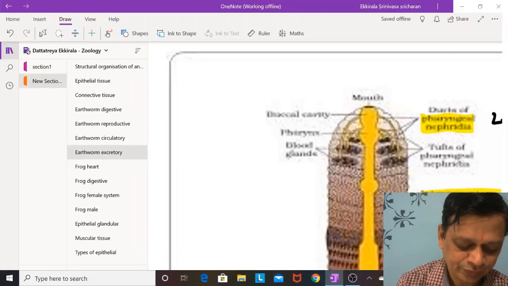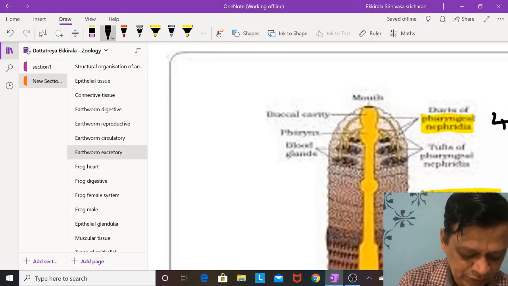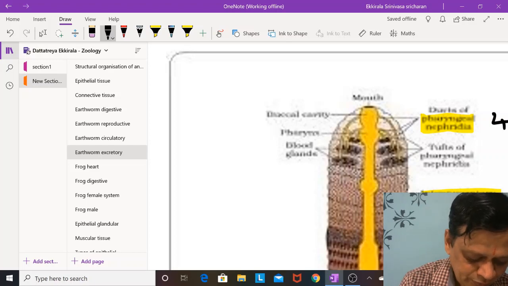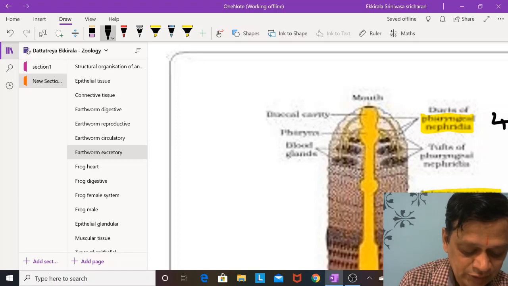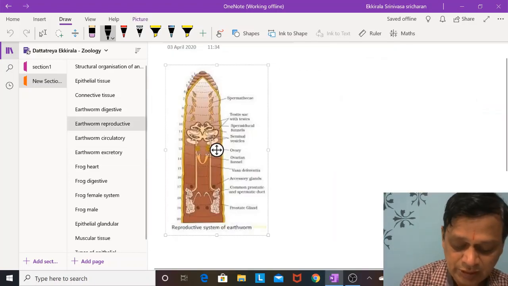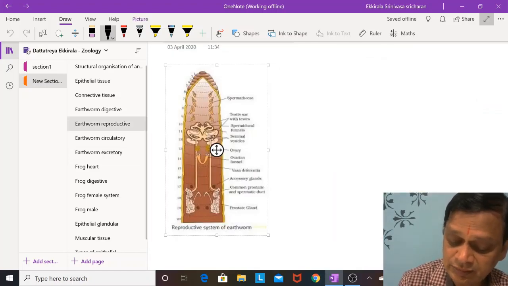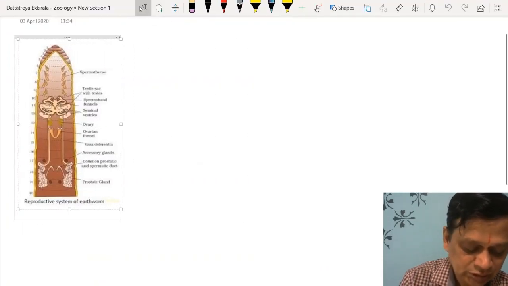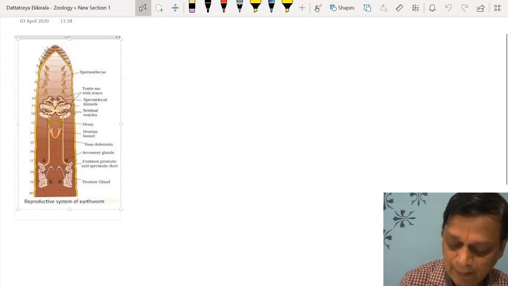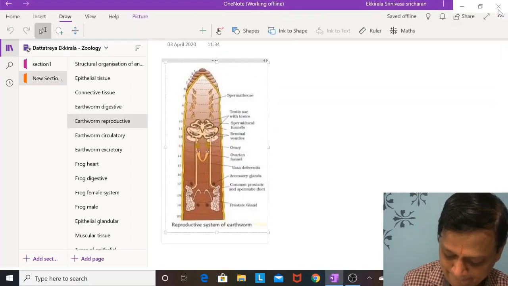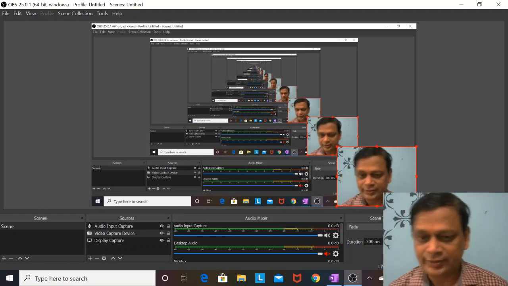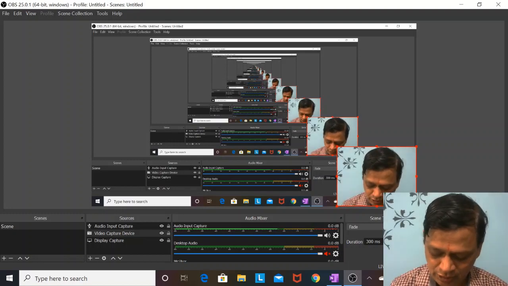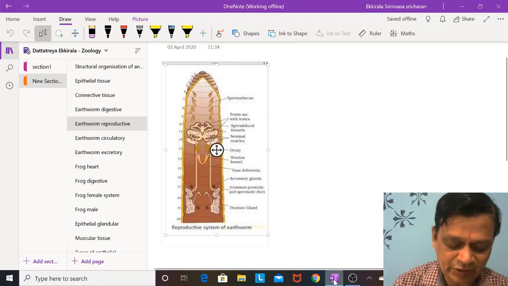Then coming to the reproductive system of earthworm, so right, then that is reproductive system.